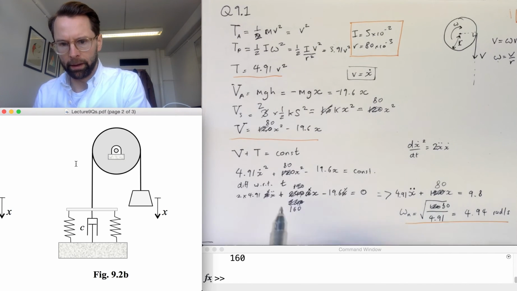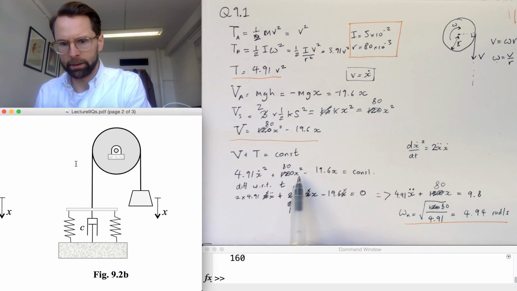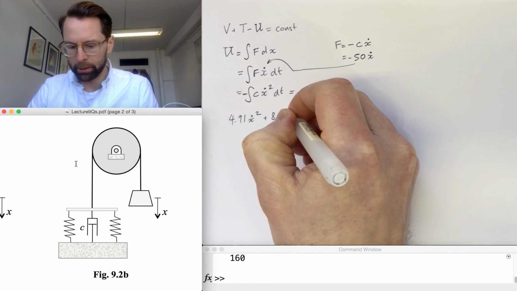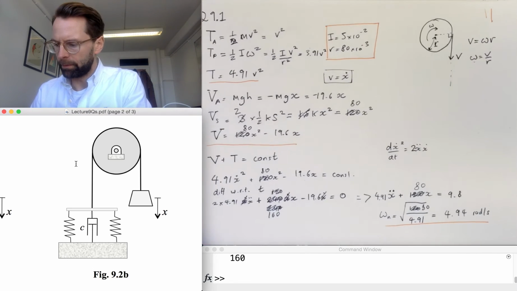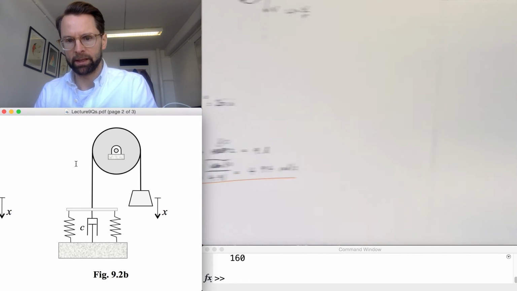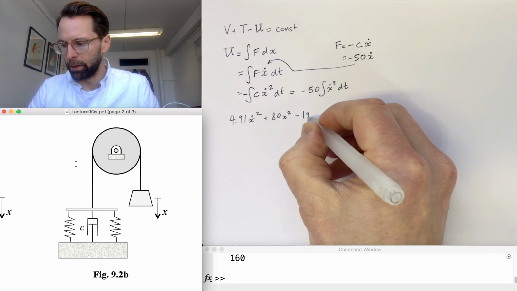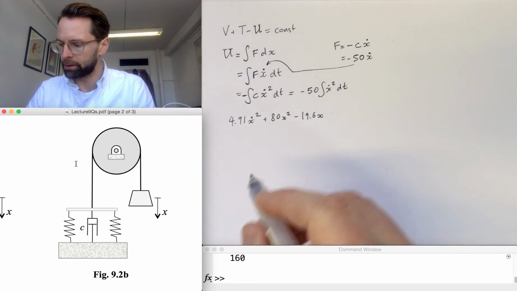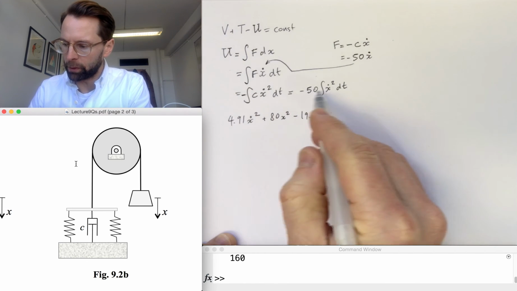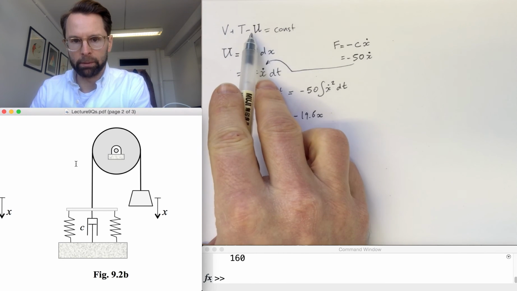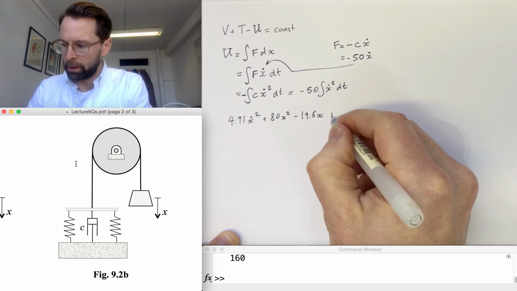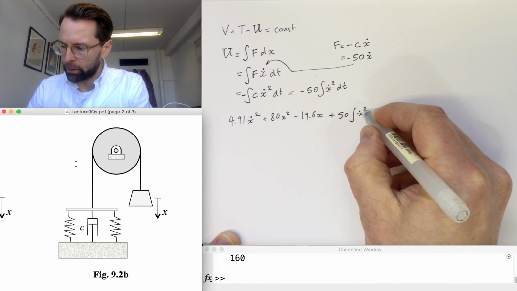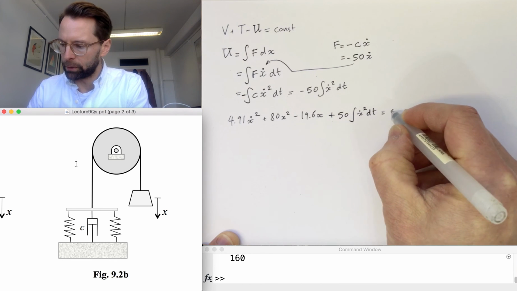We had an 80 x squared from the two springs, and we had this minus 19.6 x, which was from the potential energy of the changing elevation of mass A. But now we've also got this term, and it's minus the work, so it's plus 50 x dot squared dt, and that's equal to a constant.